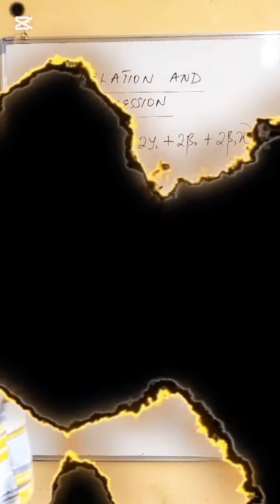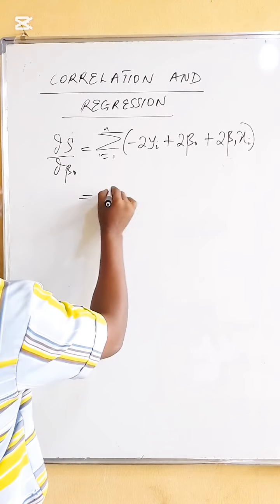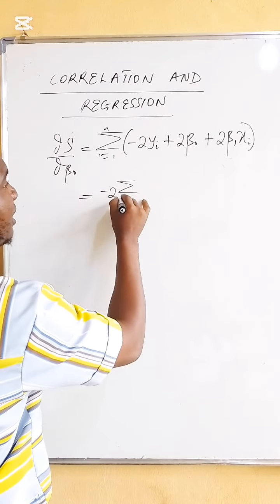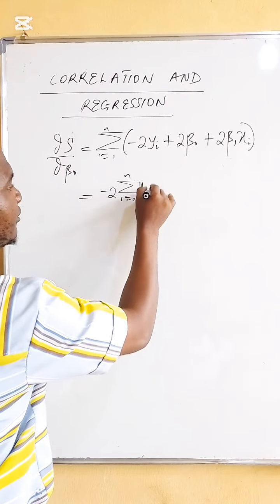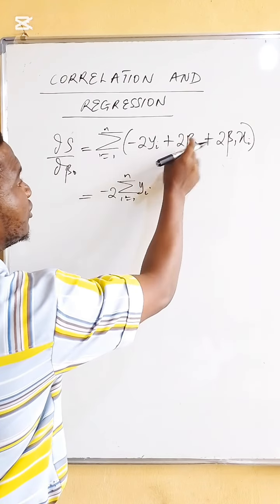So going from our last result, the next thing we are going to do, you could further expand, and that will give you minus 2 coming out as a constant, and the summation takes on yi. Okay, so using the summation now to open up the bracket, the summation goes into the second term.